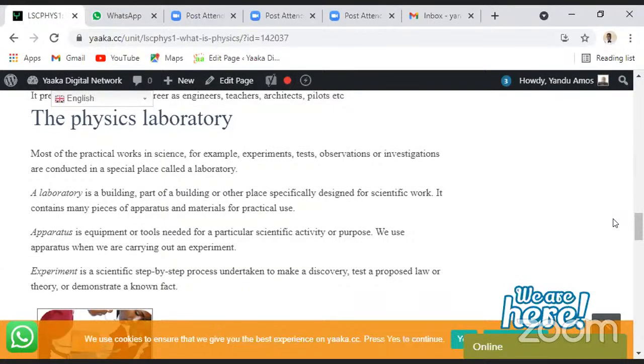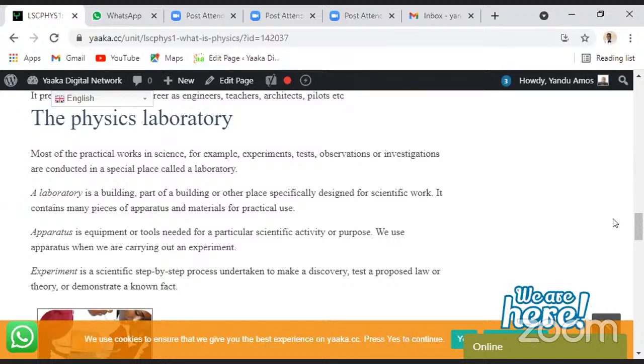As we move to look at the physics laboratory, we study what a laboratory is. You have to know what a laboratory is. Secondly, you need to understand what apparatus is. And then you need to know what an experiment is. Because we are saying a laboratory is a building or part of a building or even a place.